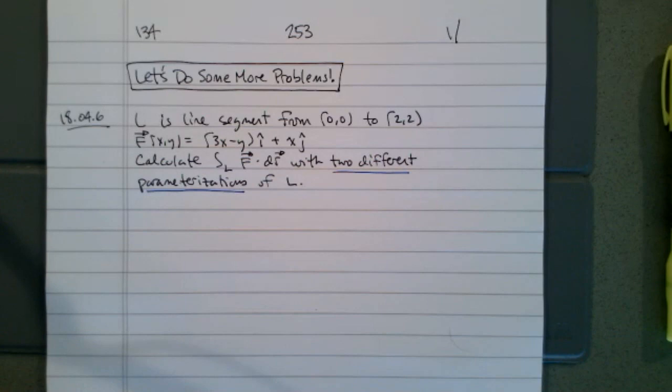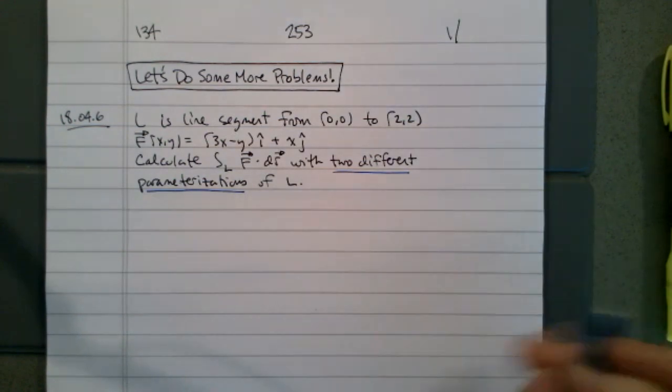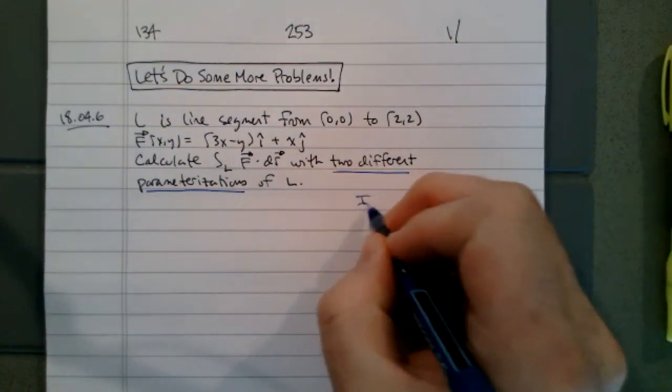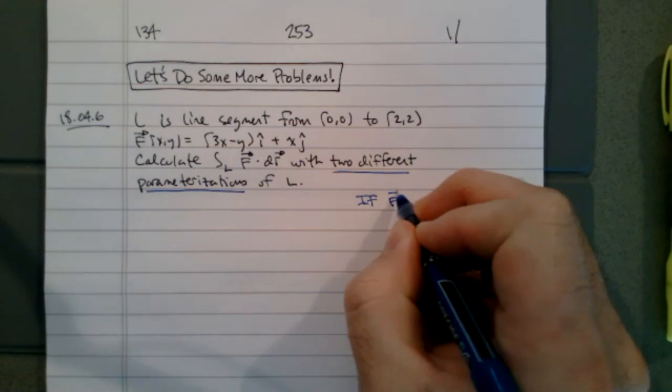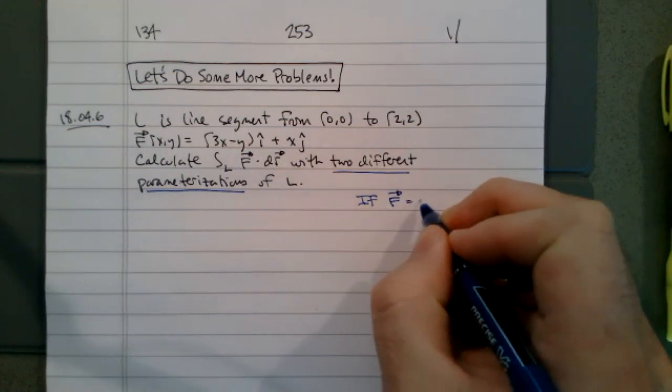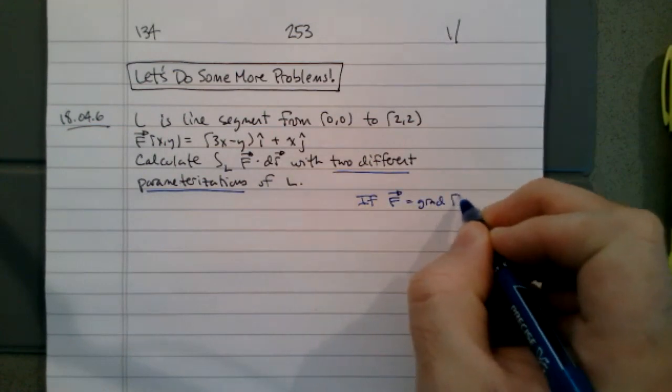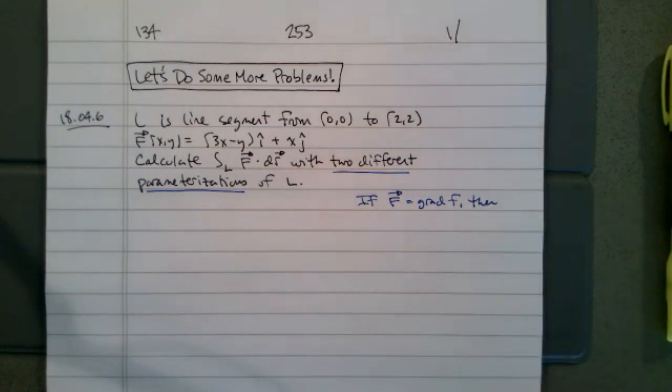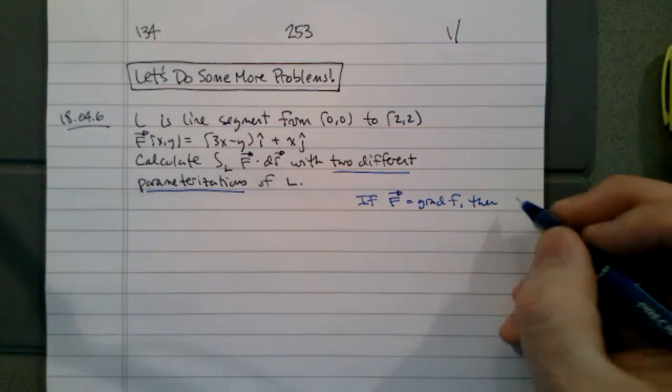If F is a gradient field, then the gradient fields are path independent, and all that matters are the endpoints of the curve.